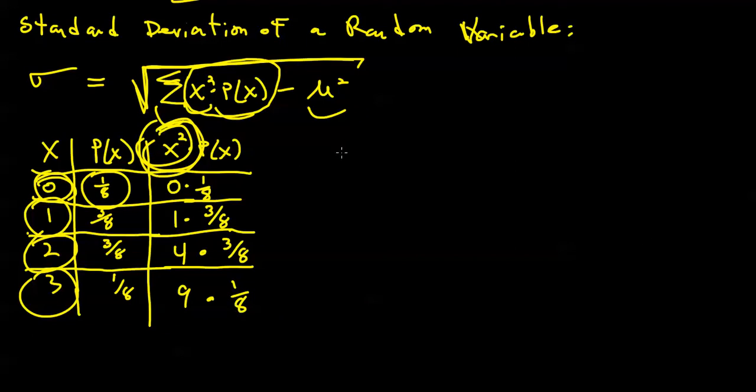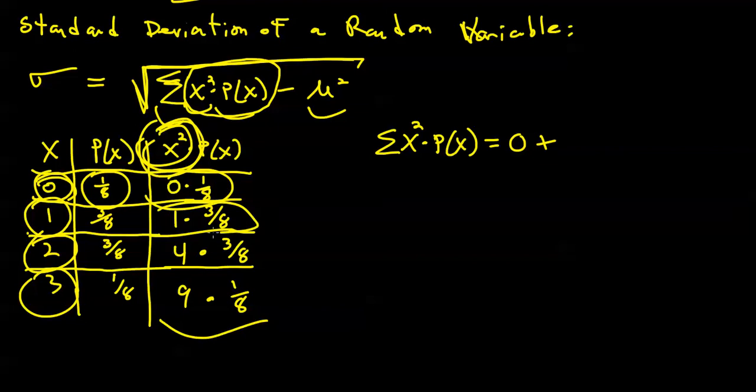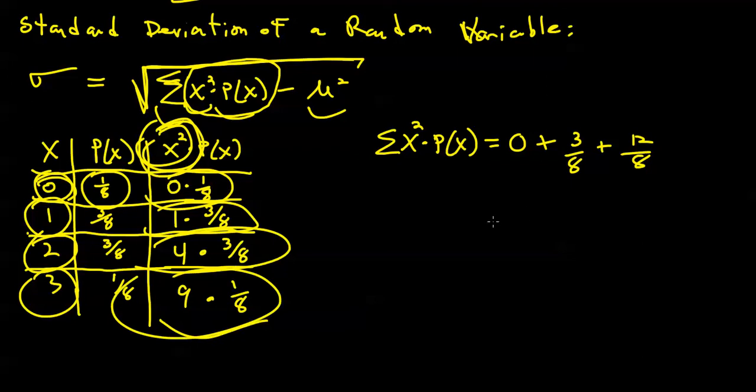I'm going to now say the summation of x squared times p of x. Really, the summation of this third column is going to be, well, 0 times 1/8 is 0, plus 1 times 3/8 is 3/8, plus 4 times 3/8, that's going to be 12/8, and I'll leave it unsimplified for a moment, and 9 times 1/8 is 9/8.